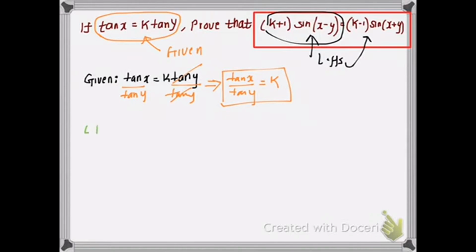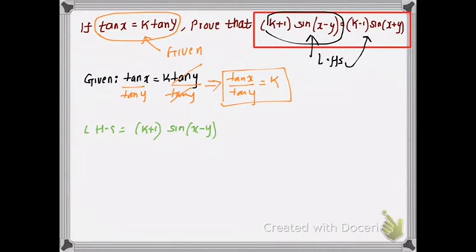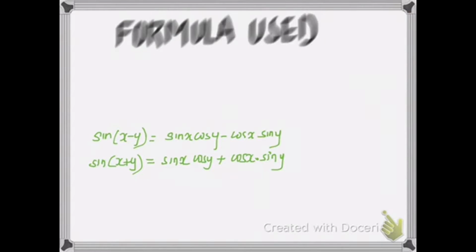Let me first take my left hand side of this equation. So this is our left hand side, and let me substitute the value for k, which we just found to be tan x divided by tan y, plus 1, and then our formula for sin x minus y is sin x cos y minus cos x sin y.